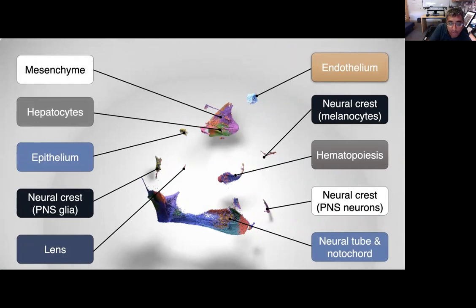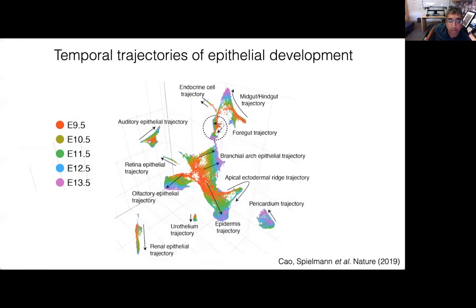And if we drill in further, we can see even greater, more granular levels of complexity that are better visualized this way. So here, just taking epithelial cells and reanalyzing them with Monocle 3, we see there's a lot of richness there, even in that one cluster, where you've got lots of different subsets of epithelia, as you might expect.